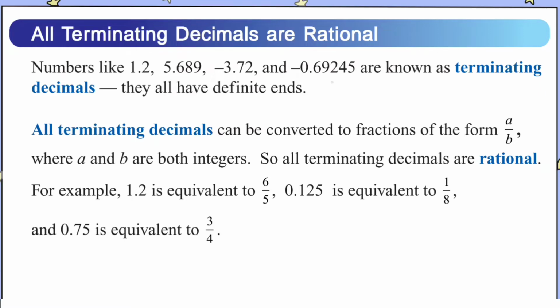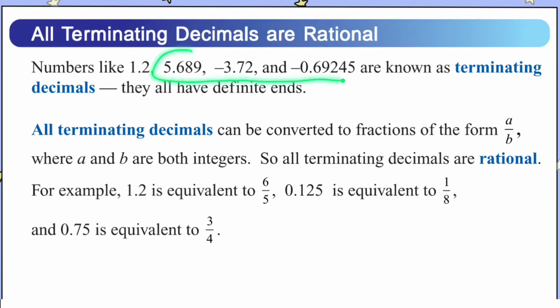So 1.2 over 1, removing the decimal place and doing the same on the bottom, gives you 12/10, which is the same as 6/5. See? So we end up having an integer on the top, 6, over an integer on the bottom, 5.